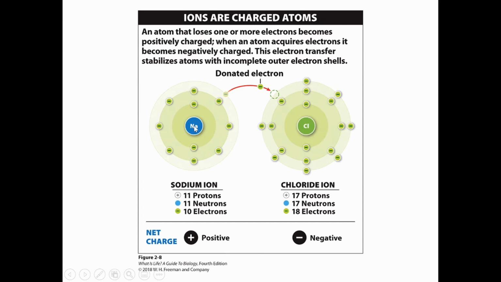But if we look at the charge, we've given away a negatively charged component, so sodium's net charge is positive because there are more protons than electrons. Protons outweigh the electrons now. In the chlorine, which we now call a chloride ion, we've gained a negatively charged piece, so electrons outnumber the protons. Since electrons, which are negatively charged, outweigh the protons, we end up with a negative charge.